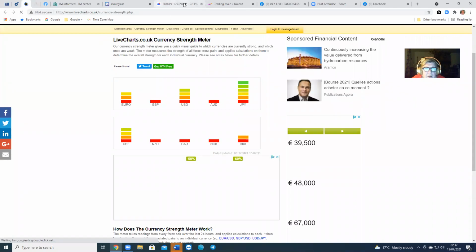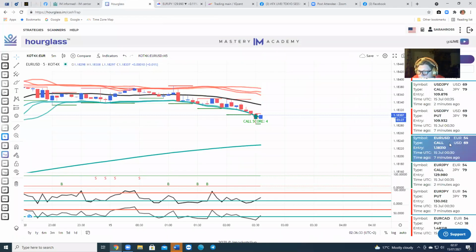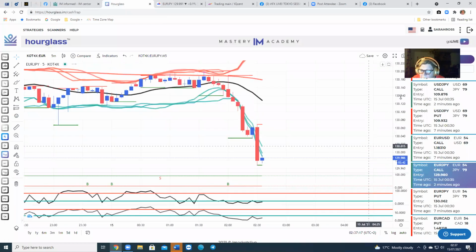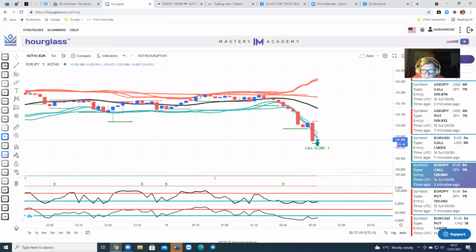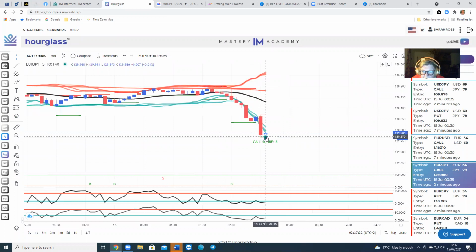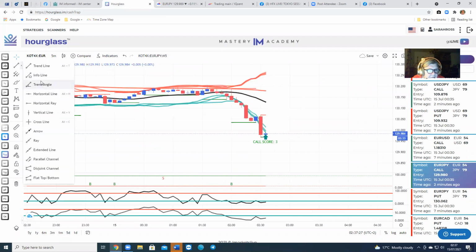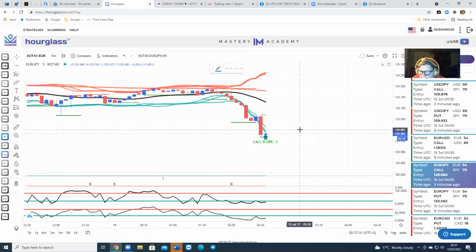Euro JPY, HourGlass. Right, so it's given us, we've got the moving average in our favour, we're below that. A little bit of a retrace going back on. This is a massively significant area here.